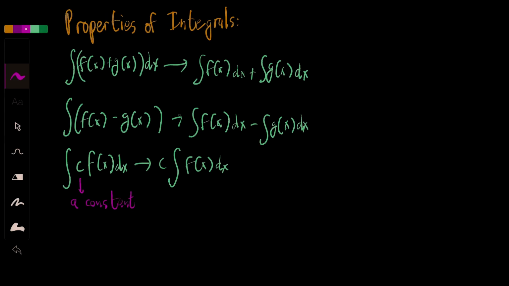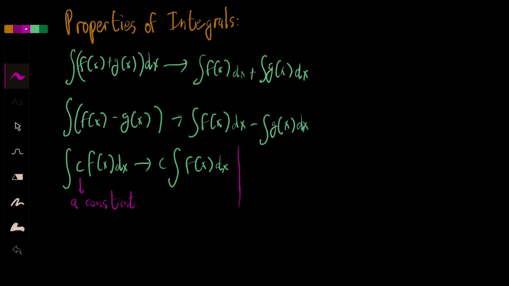The fourth rule that we're going to cover is very specific to definite integrals. Definite integrals were covered earlier in our previous videos, so if you don't know what that is, please make sure to go watch that before you watch this video. This rule is special to definite integrals, but the rest of these rules can be applied to both indefinite and definite integrals.